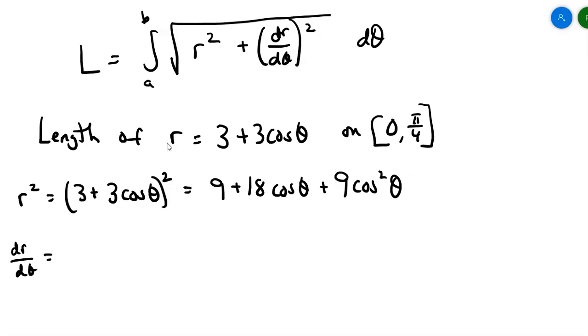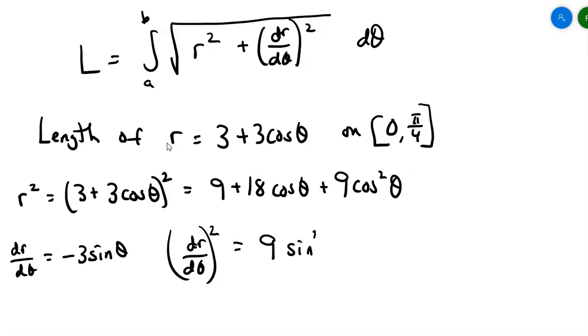The derivative of cosine gives me negative sine. So negative 3 sine theta. So dr d theta squared will give me 9 sine squared theta. Right, and this formula says then I should add together r squared and dr d theta squared.